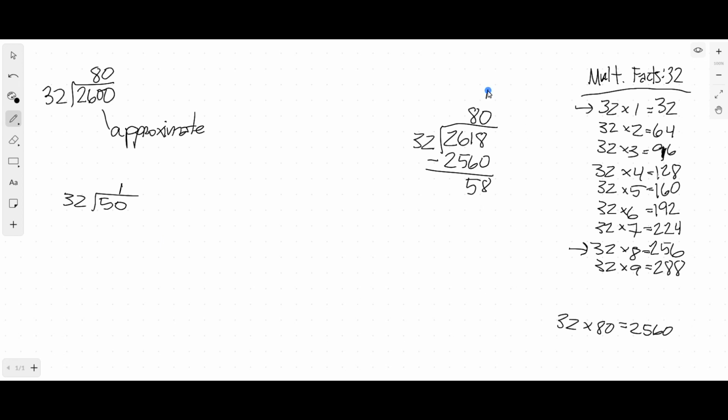So I'm going to put a 1 here, and I have 32 times 1, 32, and when I do my subtraction, I'm going to get 26. So the amount of 32 groups that I was able to fit in was 81, and I do have a remainder of 26.